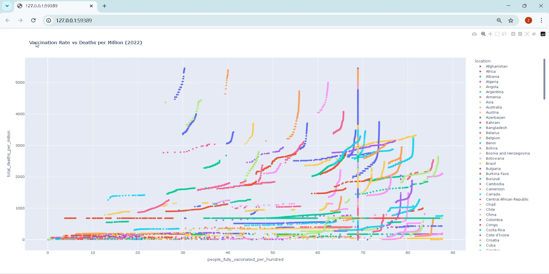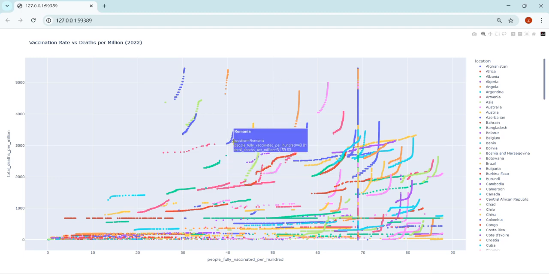Okay, this graph shows the vaccination rate and the deaths per million in 2022. In this graph, countries with higher vaccination rates generally exhibit lower mortality. Though exceptions exist, the low vaccination countries show greater mortality variability.